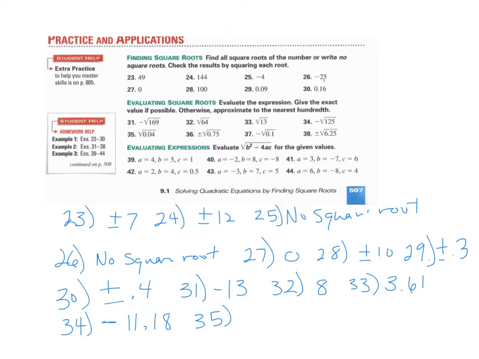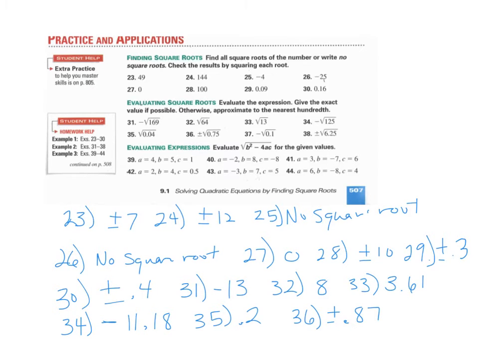The square root of 0.04 is going to be 0.2. 36. We're going to have positive and negative. 0.75 is going to give me 0.87.